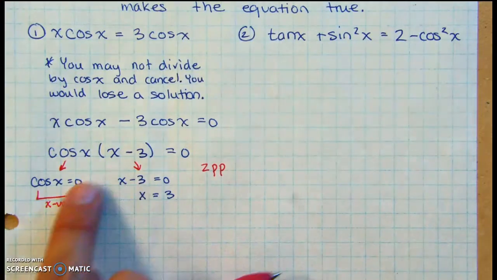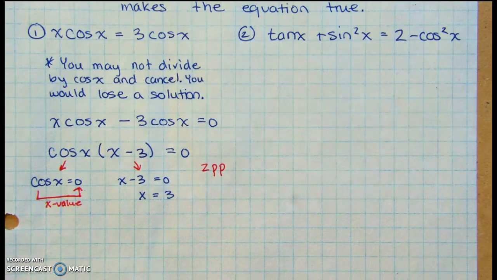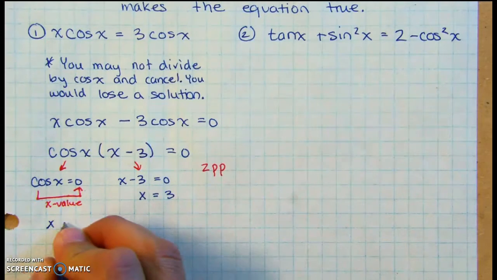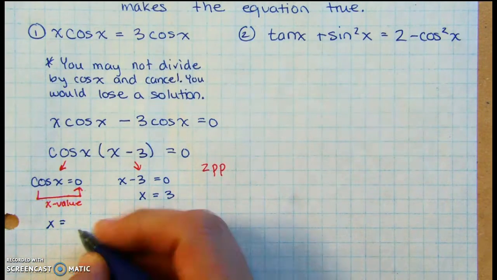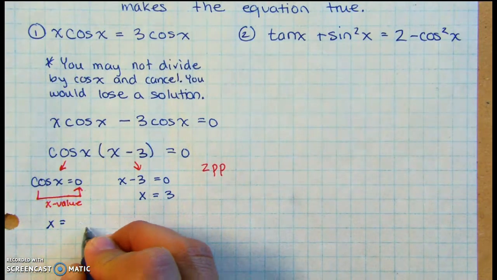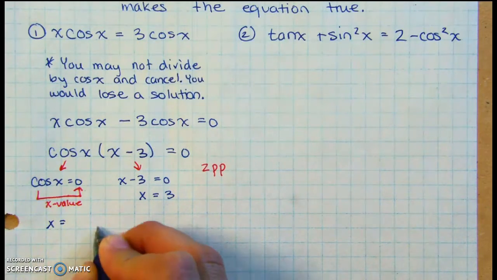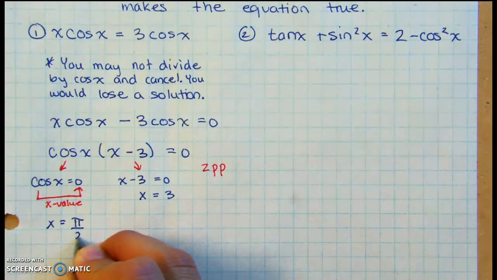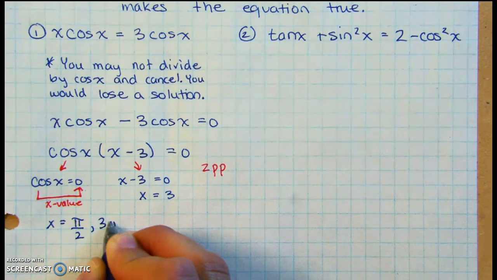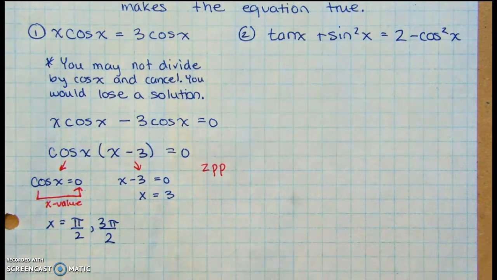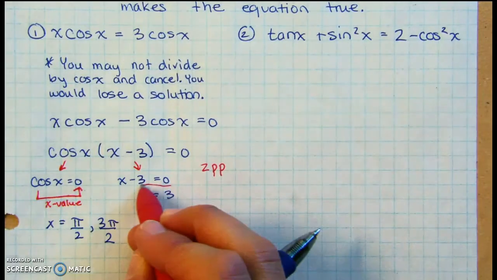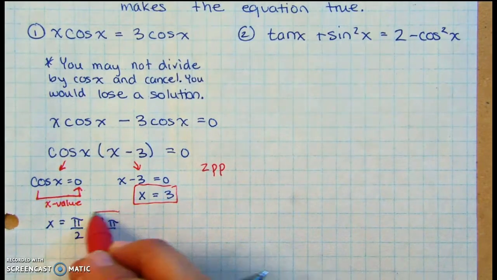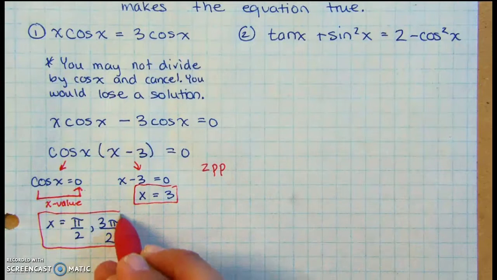So you go around the unit circle, and you either have it memorized or you're looking at a unit circle to find that answer. The x value is 0 at pi over 2 and 3 pi over 2. So those are our 3 answers. X equals 3, and then these 2 answers.